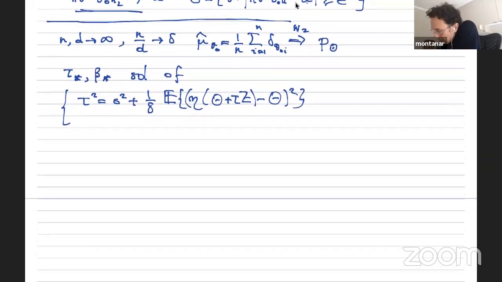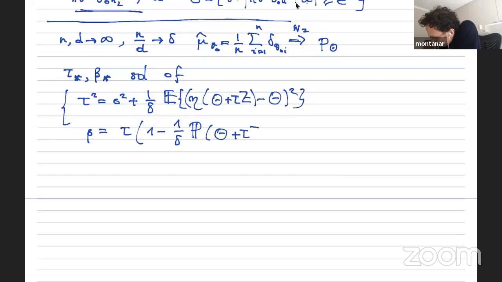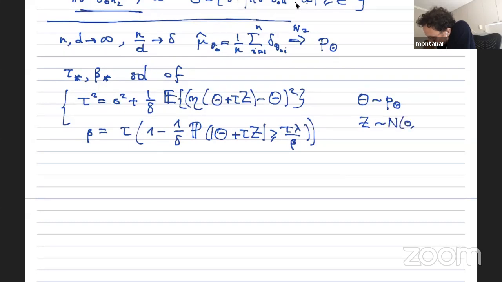The second equation is beta equals tau times 1 minus 1 over delta times the probability that theta plus tau z is nonzero in absolute value. These equations are with respect to capital Theta that has the distribution p theta, and z that is normal 0, 1, and the two have to be independent.